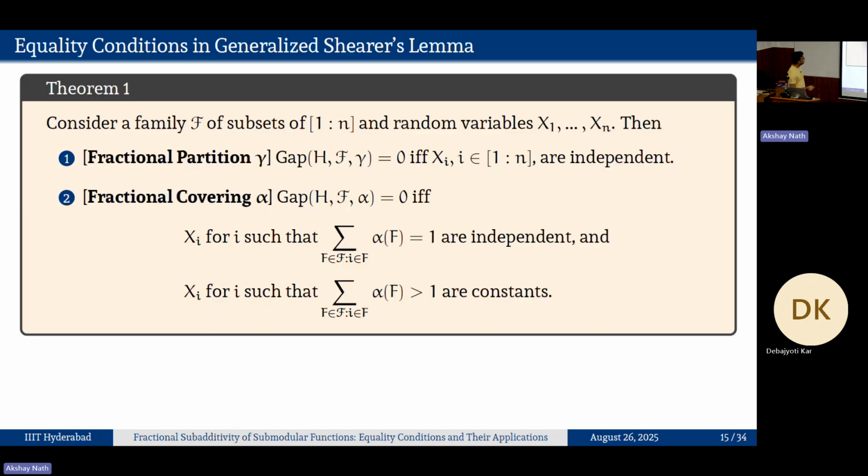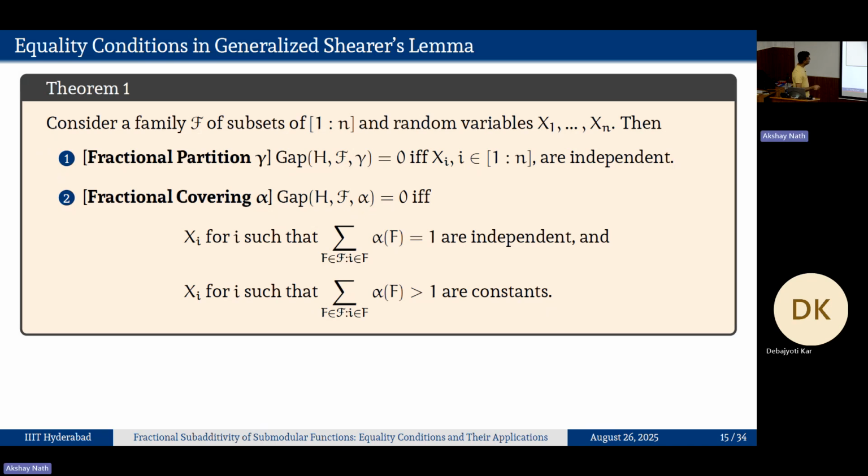The main thing about this result is that if you have a fractional partition, regardless of what set family you give me, then if there is an equality, all these random variables are independent. And funnily, it has not been studied and it has some applications as well.